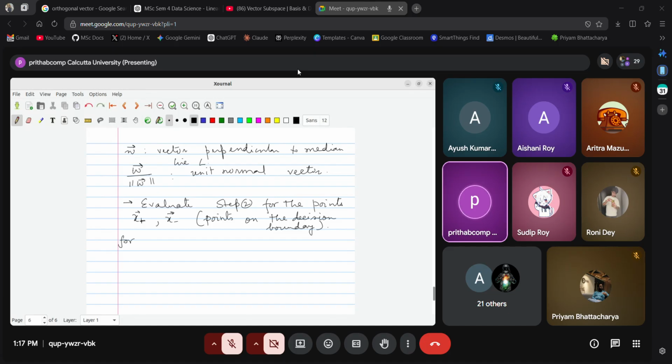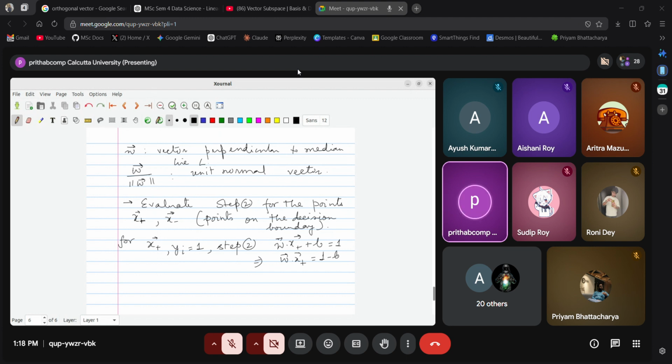So what do we get? So for x plus, since yi equal to 1, okay, that step 2, where we had the equation that w dot x plus b equal to 1, will become w x equal to 1 minus b.